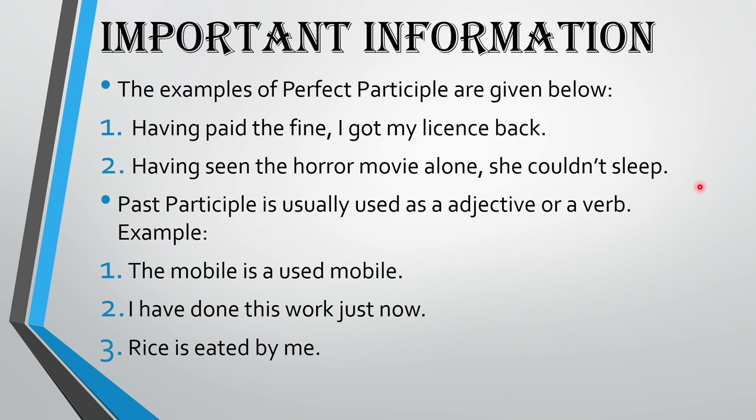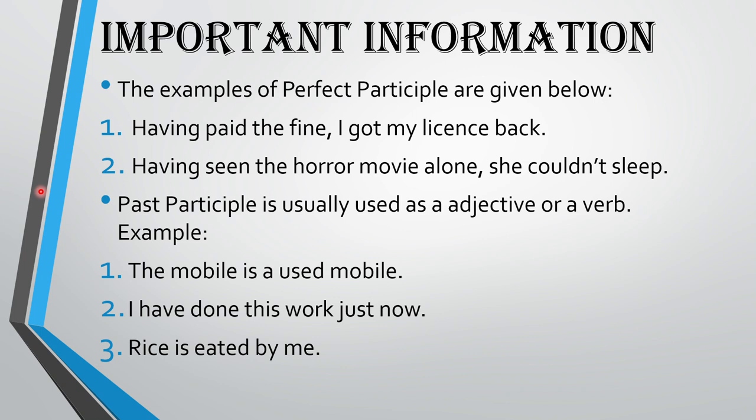It is also easy. Past participle is usually used as an adjective or a verb. Like present participle, present participle is also used as an adverb. Example: the mobile is a used mobile. There is a specific mobile, a used mobile, which means that the mobile is already used by someone. Then: I have done this work just now.